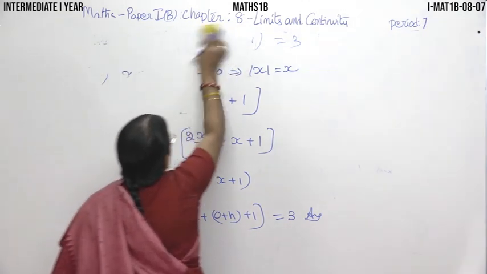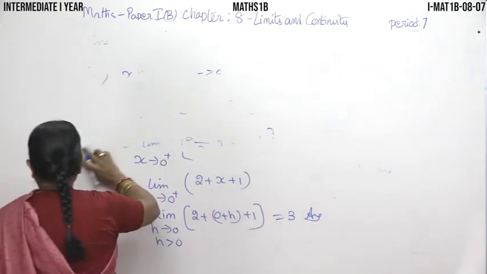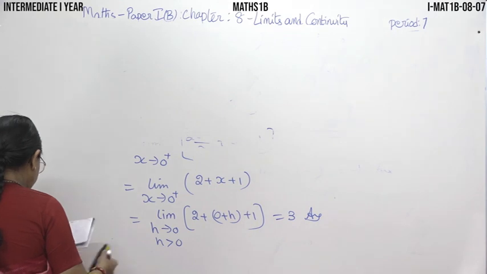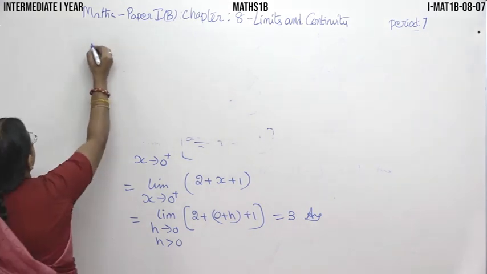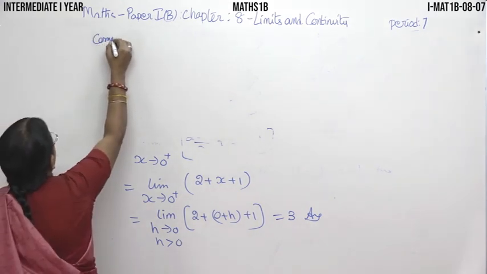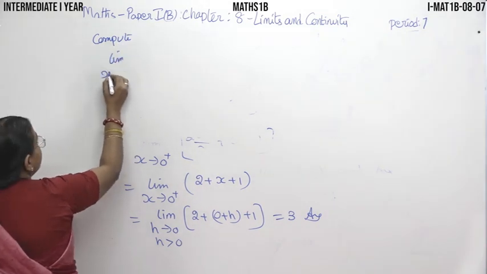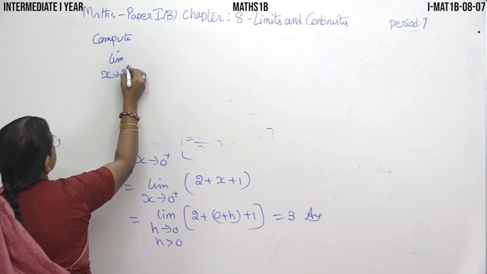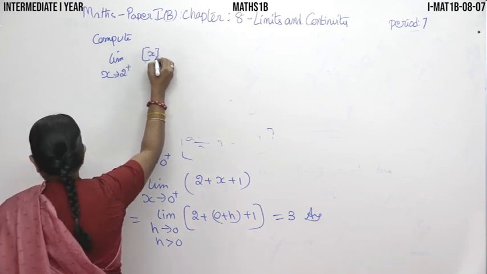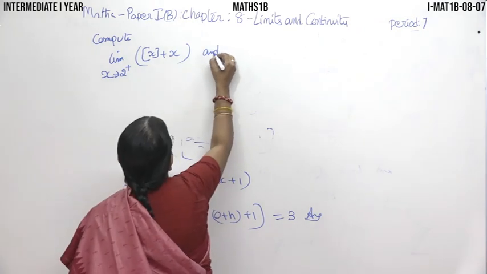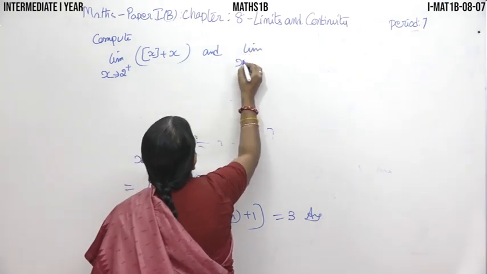Okay, next problem is again very, very important. The step function problem. Compute limit x tending to 2 plus of step x plus x, and limit x tending to 2 minus.